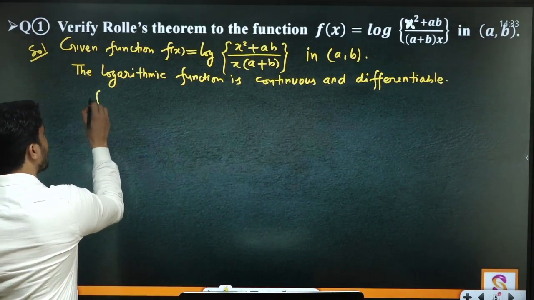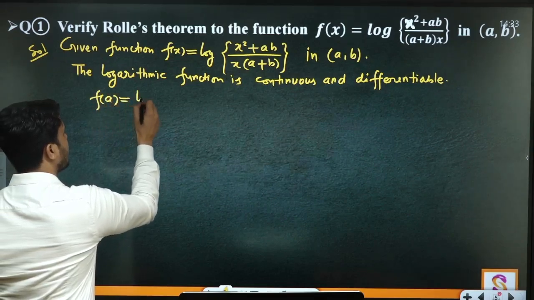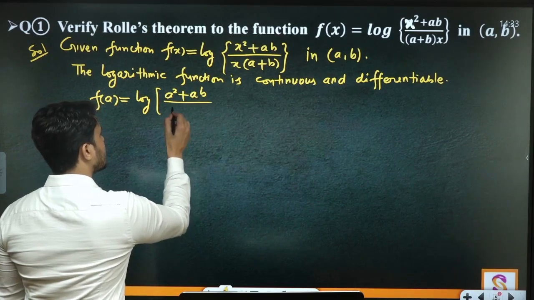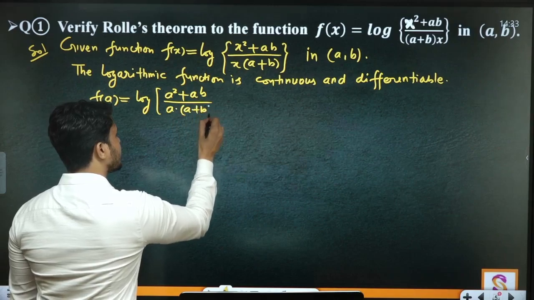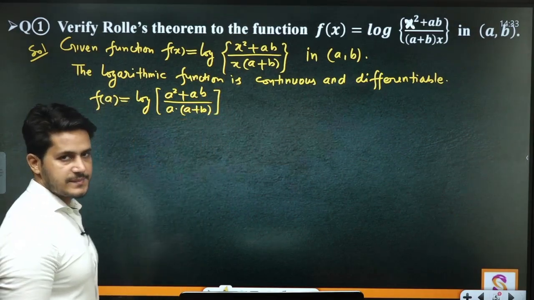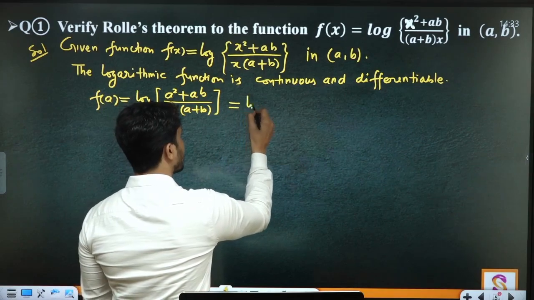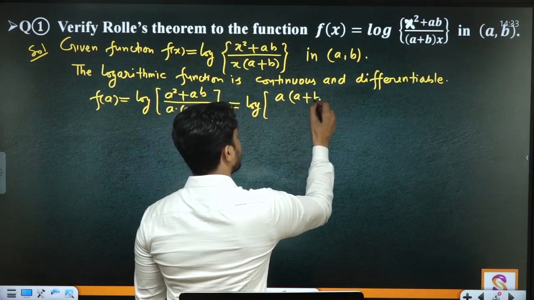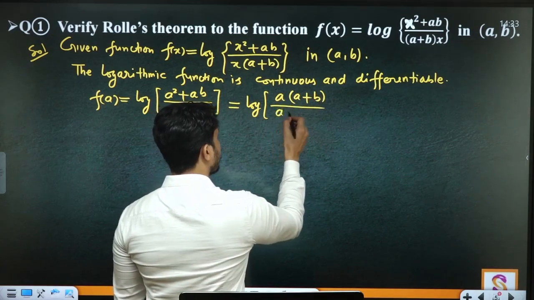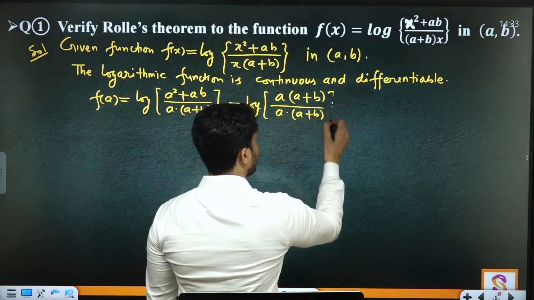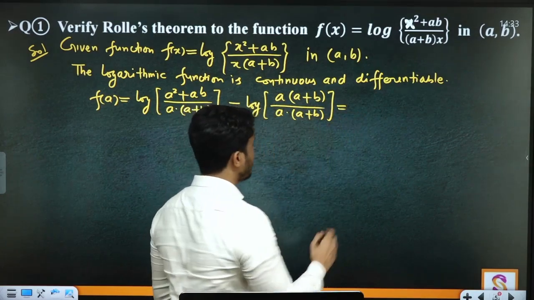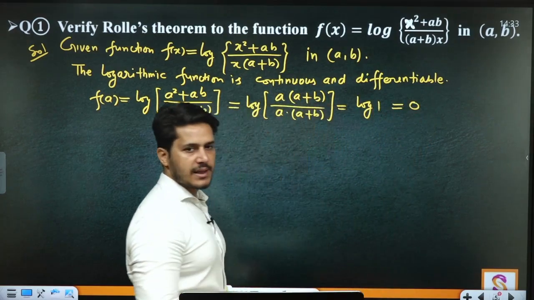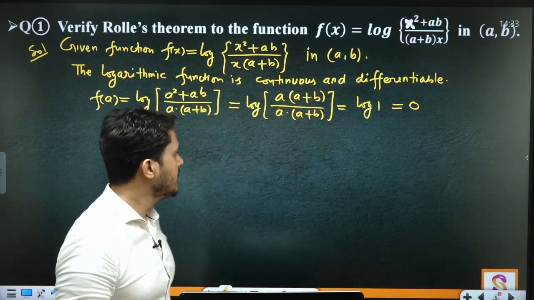After that you have to check f of a. It will be log of (a square plus ab) upon a into (a plus b). Now you can see this value changes to the factor a into (a plus b) upon a into (a plus b), and the numerator and denominator cancel out. It becomes log 1, and the value of log 1 is 0.